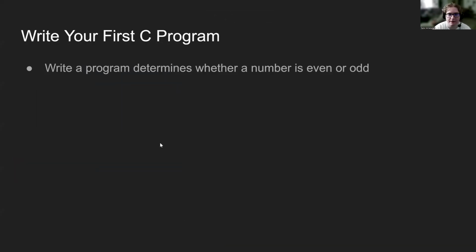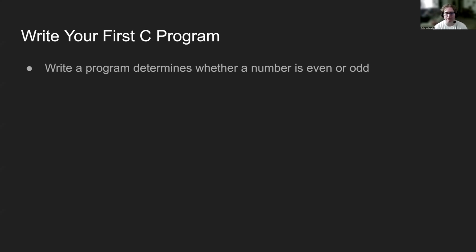So now I'm going to take you through writing a program to determine whether a number is even or odd. It's going to be a very simple algorithm. It only relies on the modulo operator, but hopefully this will give you a good understanding of what C syntax looks like, and you can watch me code it out myself. I've been writing C for a while, so you can kind of see how I do it. Once again, very simple program.